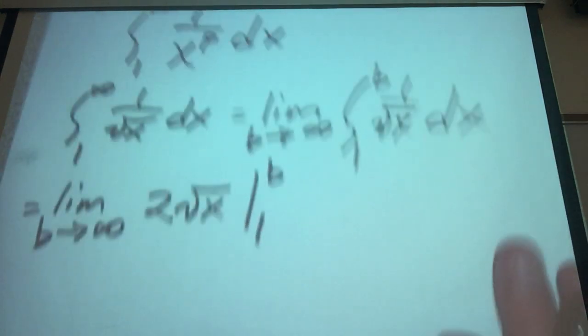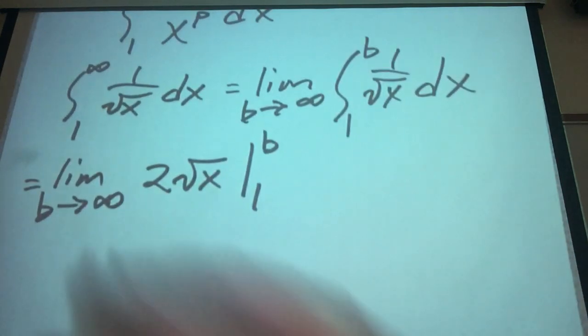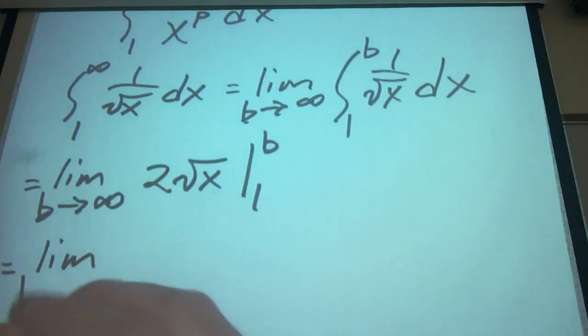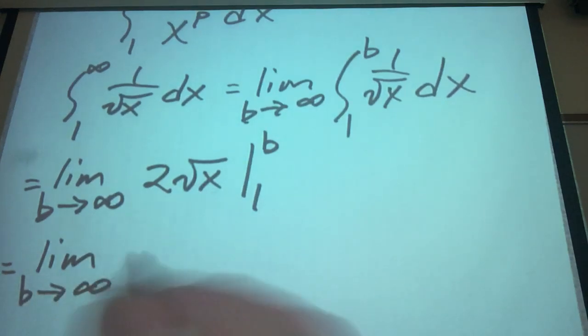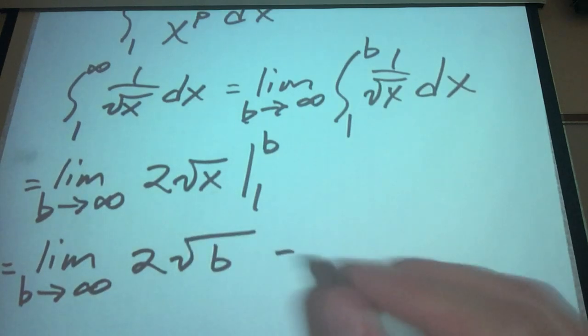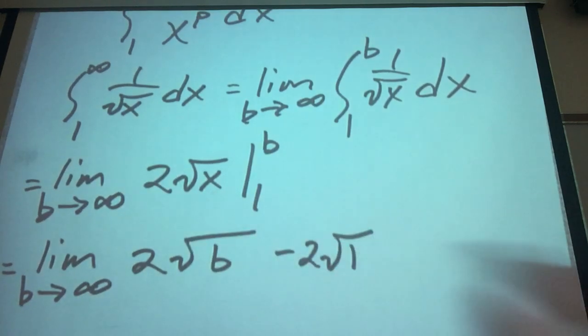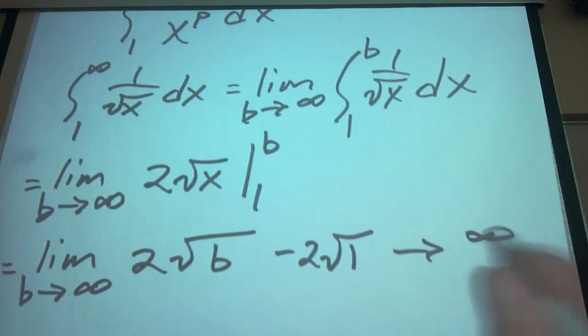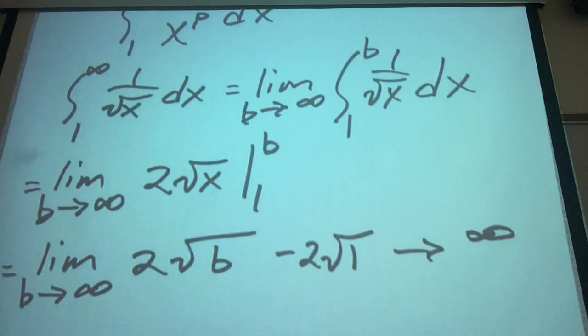All right? And so that's going to equal the limit now as b tends towards infinity. That's going to be 2 root b minus 2 root 1, and that is going to tend towards infinity.